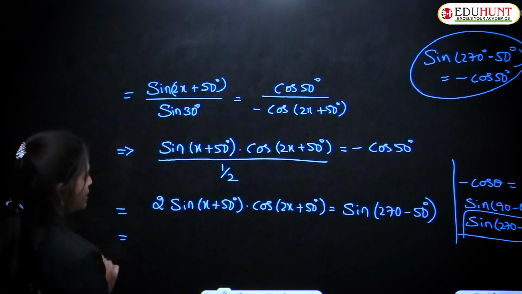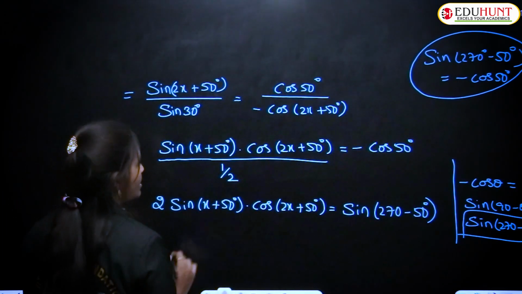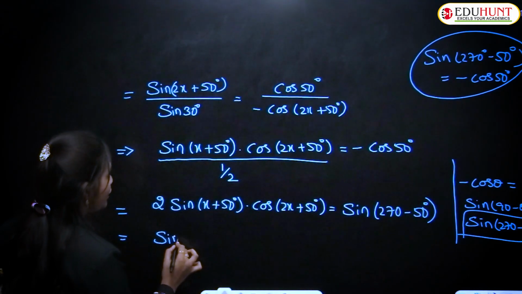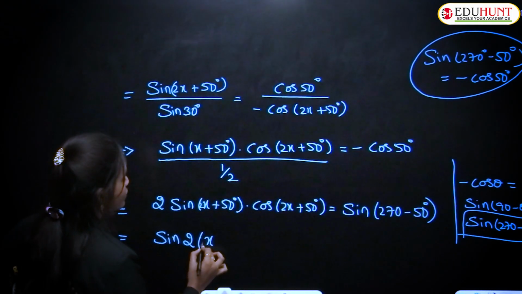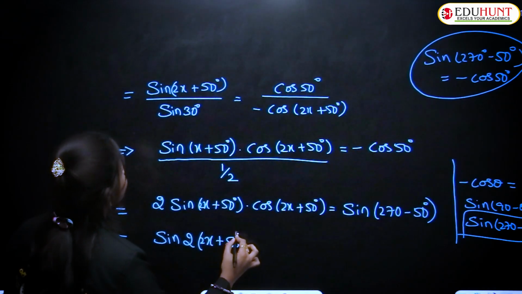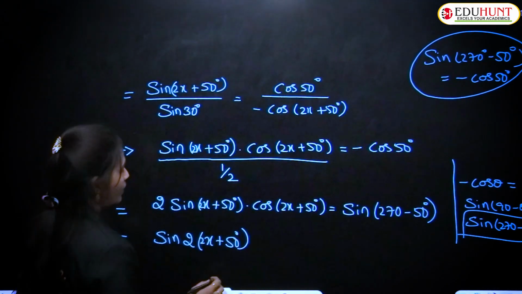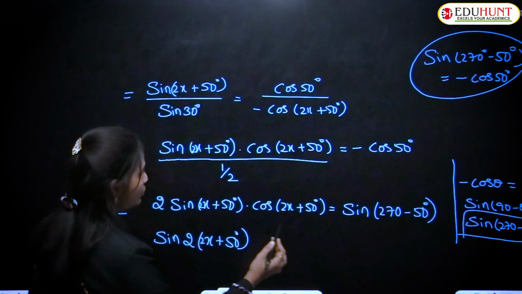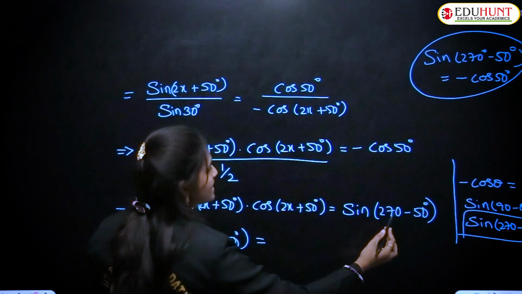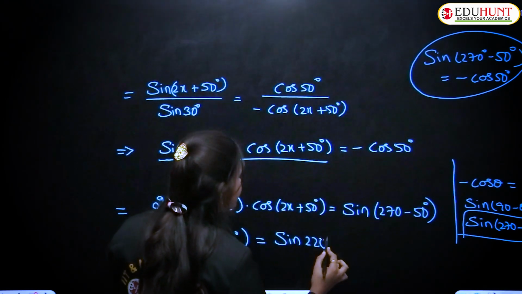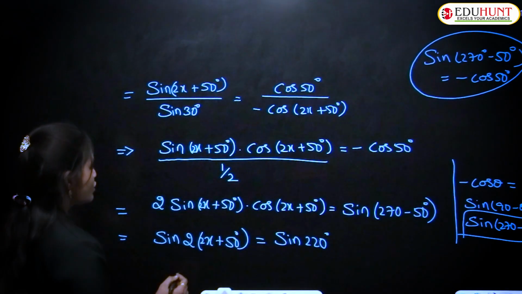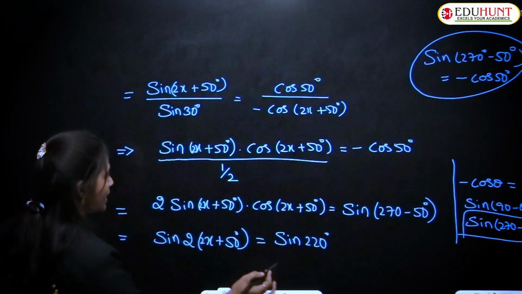So which is equal to 2 sin theta cos theta, which is equal to sin 2 theta. Theta is here 2x plus 50 degrees. Sin 2 theta is equal to here sin 270 minus 50, that is sin 220 degrees. Understand? So here both sides remove that sine.